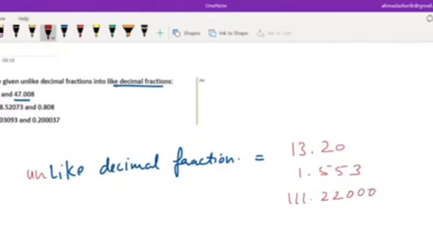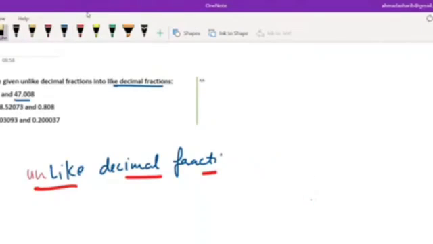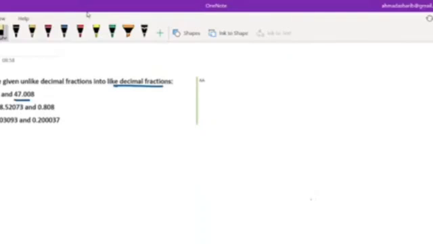As you can see, in the first decimal number you are having 2 digits after the decimal, in second you are having 3 digits, and here you are having 5 digits. So they are unlike decimal fractions. Is it clear? And one more very important thing, that you have to check only the digits after the decimal, not before the decimal. Fine. Yes, Ali, I can read your comments.